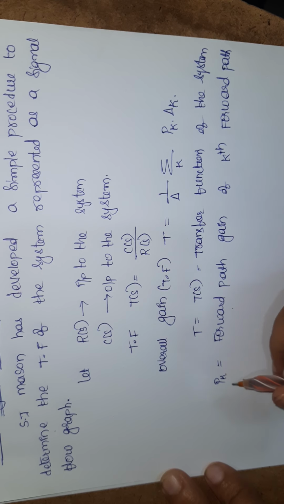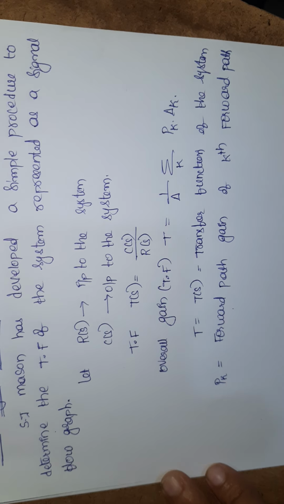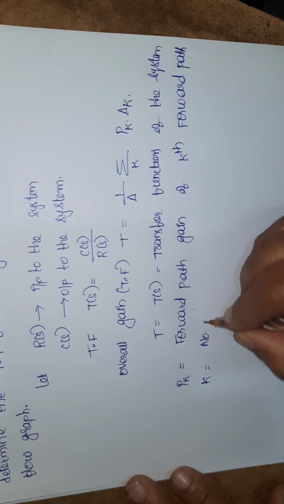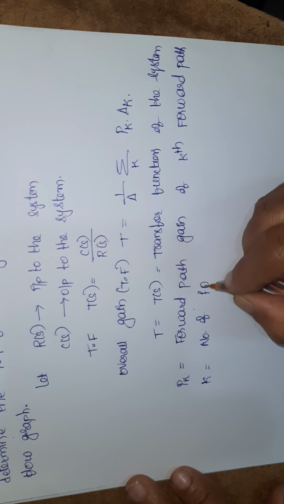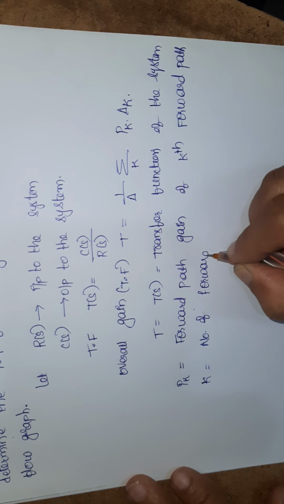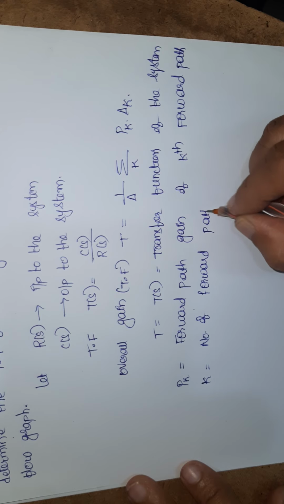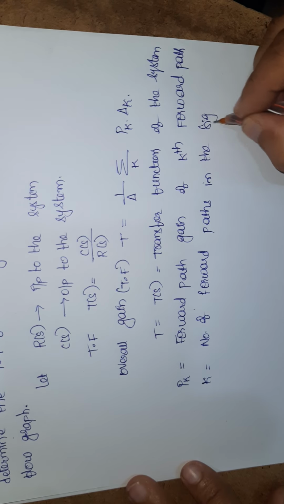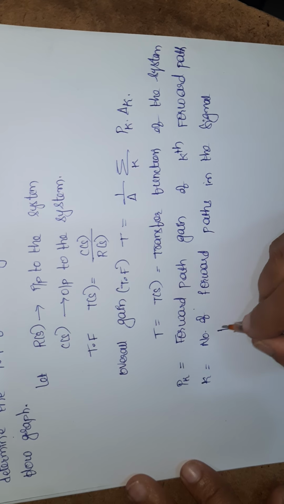So first we have to see how many forward paths are there. According to that we will have P1, P2, P3 like that. Next, what is K? Number of forward paths in the signal flow graph.